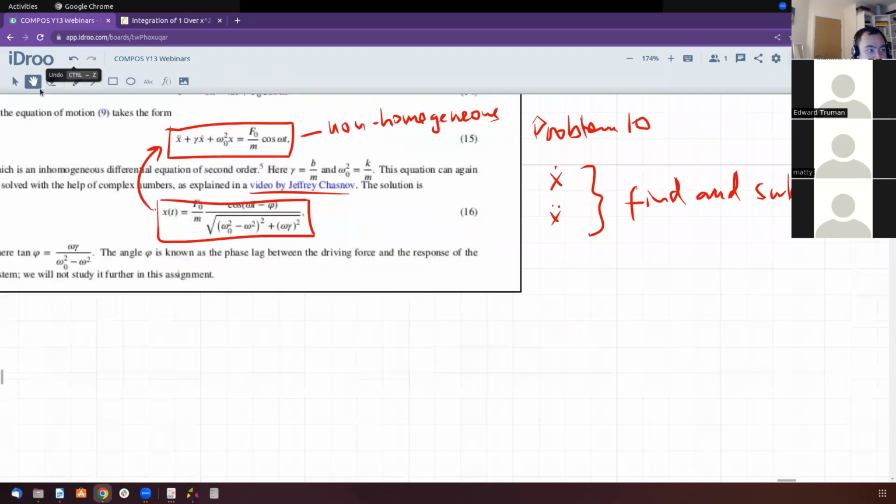But this is the solution. Let's analyze the solution. What is the solution telling us?